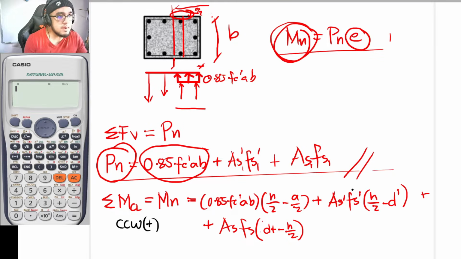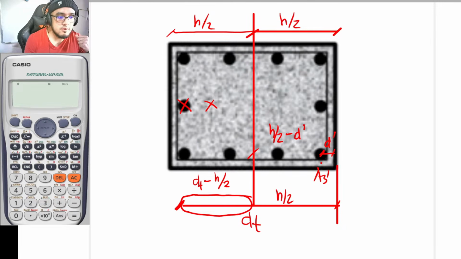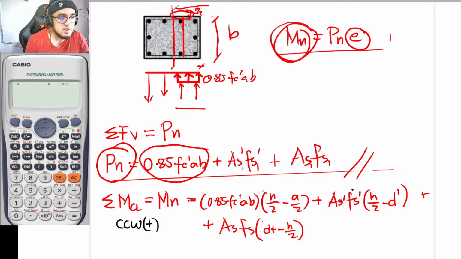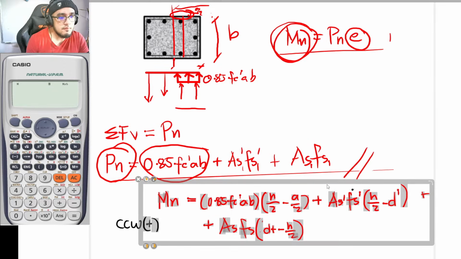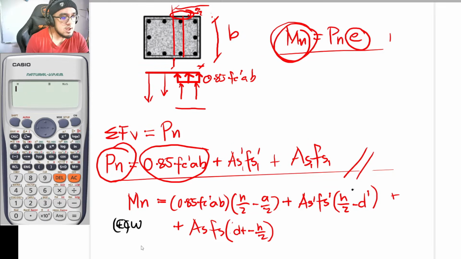Whichever pleases you, and whichever would make your formula easier. Okay, so that is for our moment and our Pn. But as you can see here, for our equation, we have plenty of unknowns still.